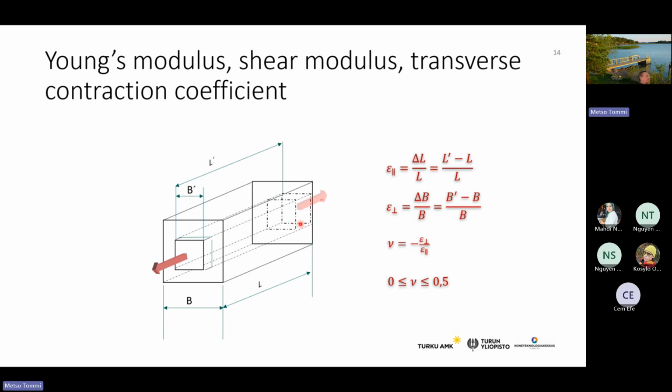But actually in most materials, the volume of the material diminishes when we are pulling the material, and also in the other way if we are compressing.